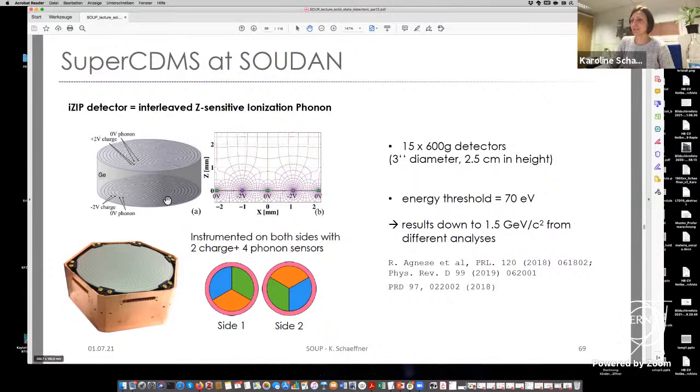You see here also on the real detector, so they look even quite beautiful, and they achieve at such big detectors thresholds of 70 eV, also a bit lower for some detectors, and they have also sensitivity in this standard scenario down to 1.5 GeV using a different analysis I summarized here.